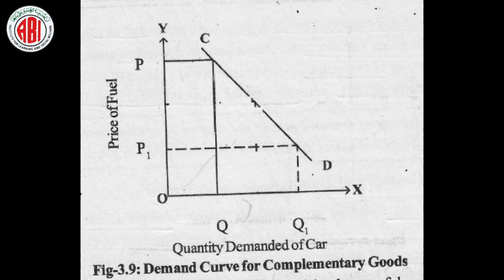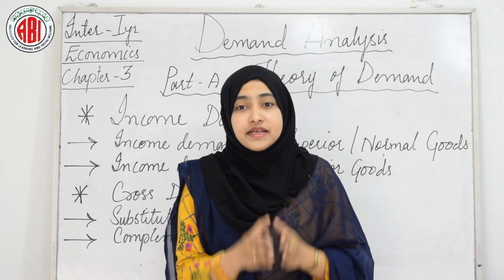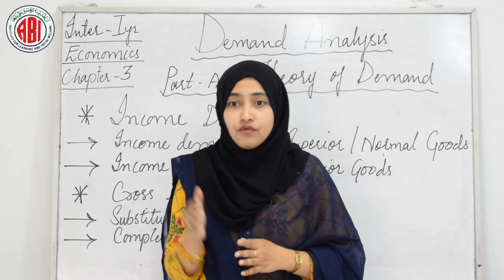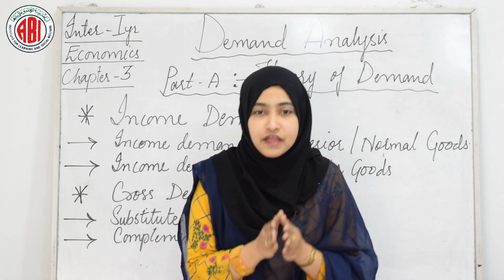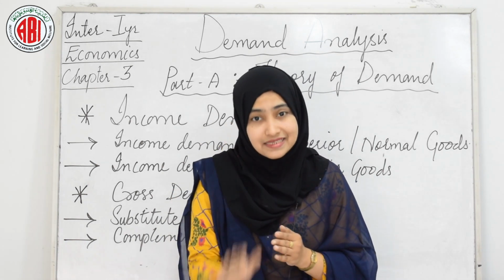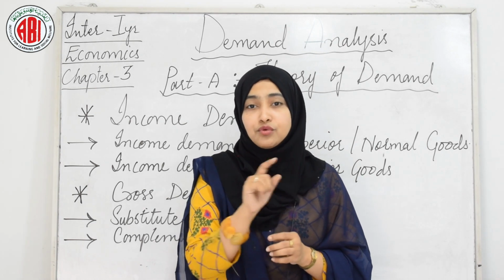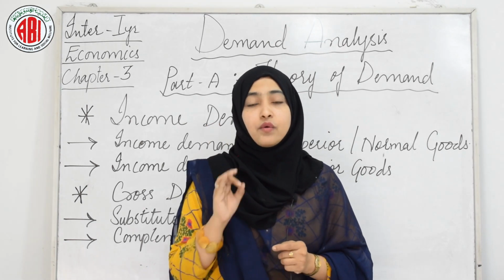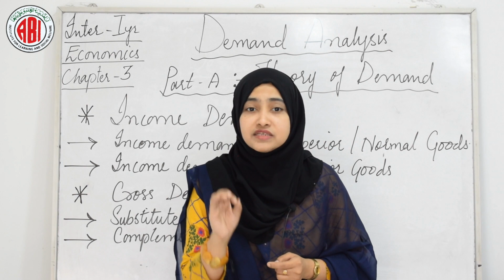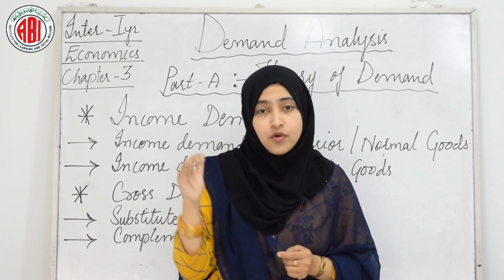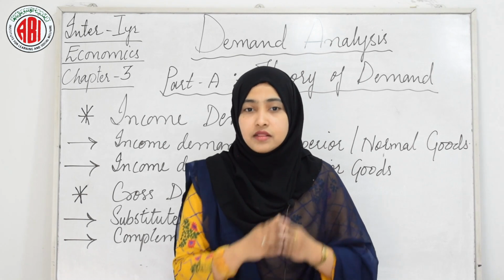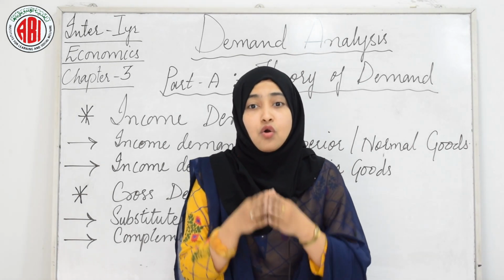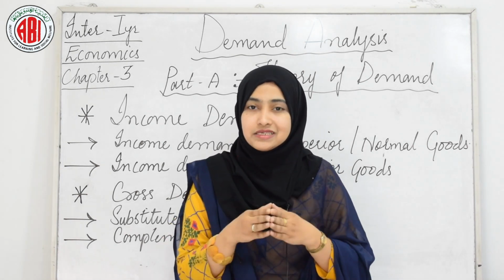See this, it shows the demand for cars is taken on the OX axis and the price of fuel is taken on the OY axis. If the price of fuel decreases from OP to OP1, the quantity demanded of cars may increase from OQ to OQ1. So the cross demand for complementary goods is inverse.